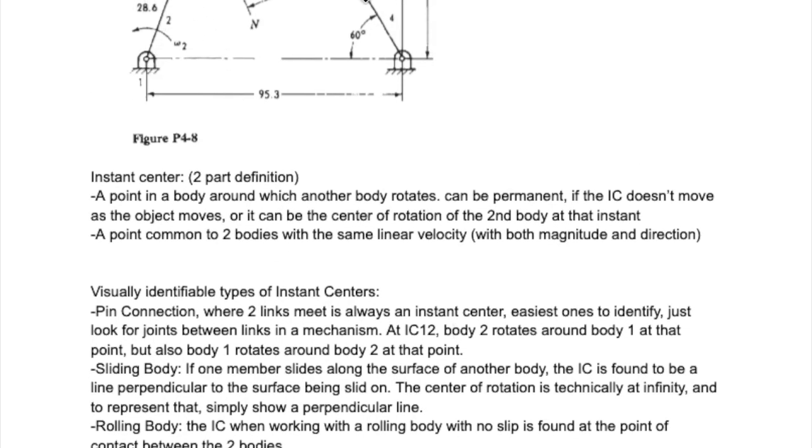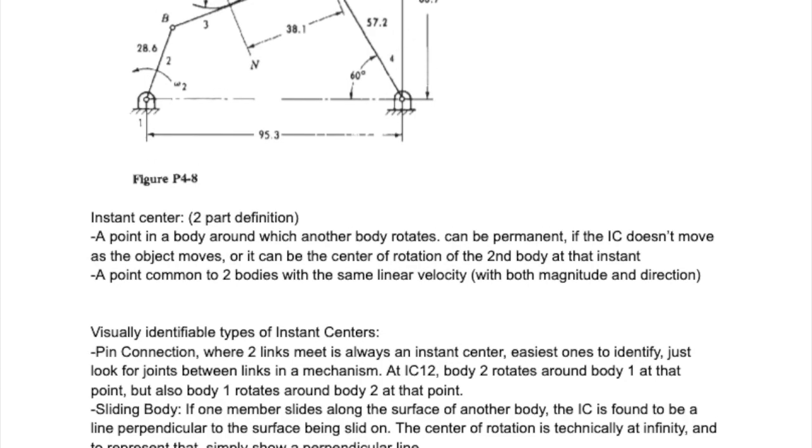Each one of these points where the bars meet, these are instant centers. It's where bar 5, as identified here, rotates around the pin, which is attached to bar 1, which is just the ground. You know this.